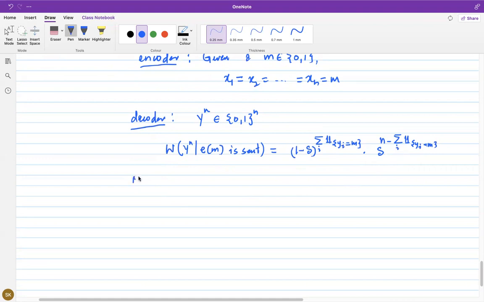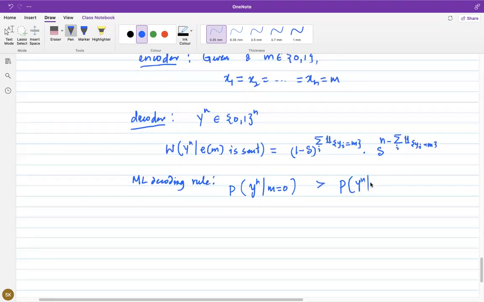So the ML decoding rule that we get here is the following. If the probability of Y^n given that m is equal to 0 is more than the probability of Y^n conditioning on m equal to 1, if this likelihood is more, then the ML decoding rule says that you decode the value to be 0.